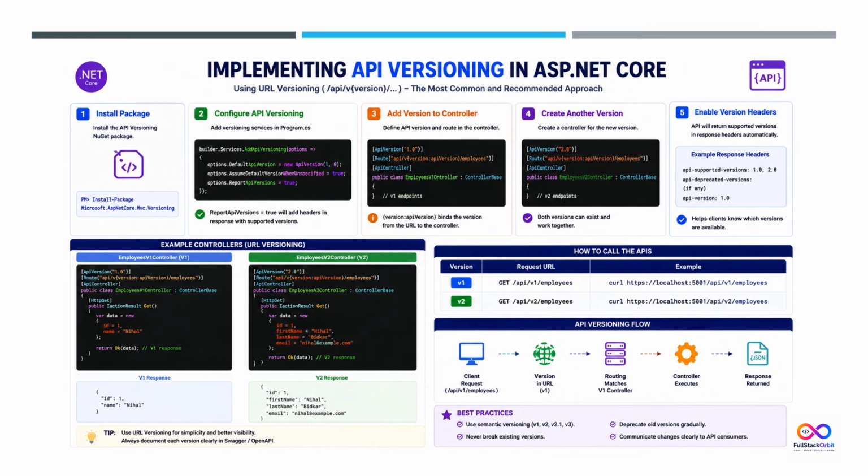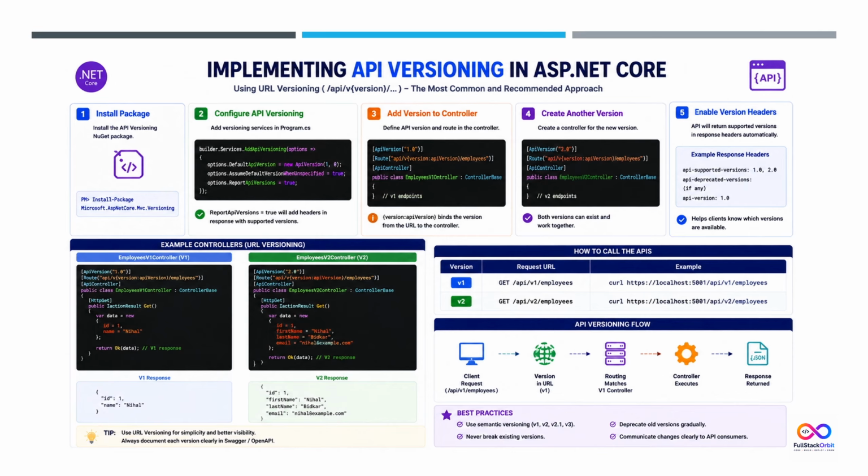Now let's understand the API versioning request flow. First, the client sends a request where we need to mention which version we are targeting, for example, api/v1/employee. In the second step, ASP.NET reads the version from the URL.